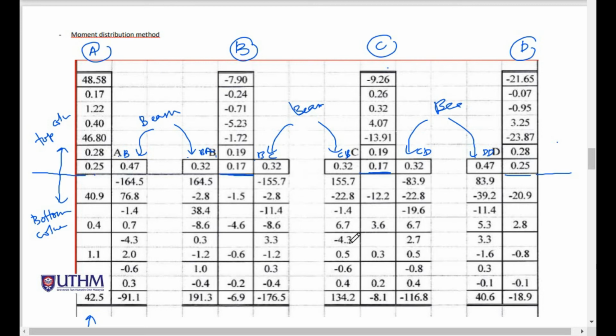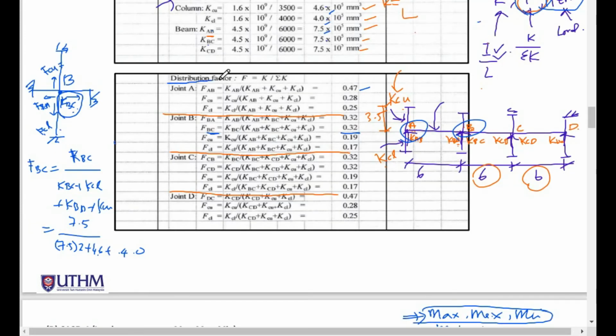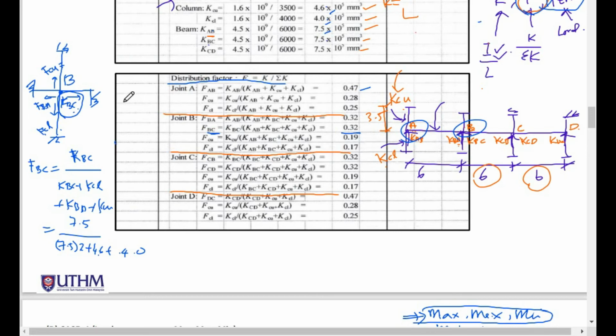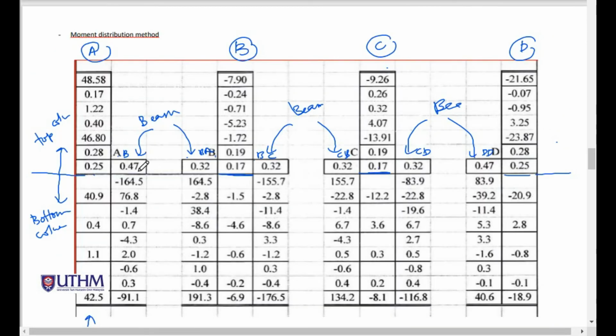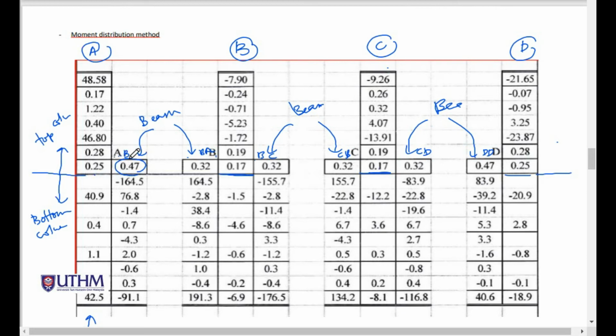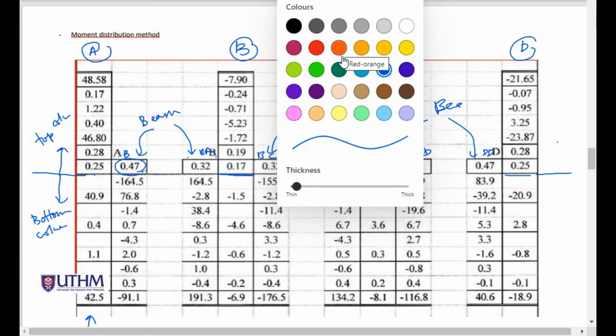So the first step is to insert the distribution factor, and this is the distribution factor. Look one by one. This is joint A. So this is beam, upper column, lower column. Beam here is 0.47, this beam AB distribution factor.